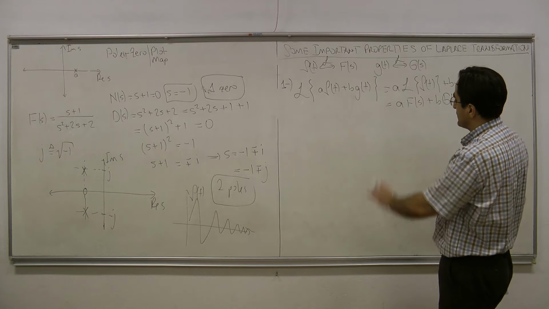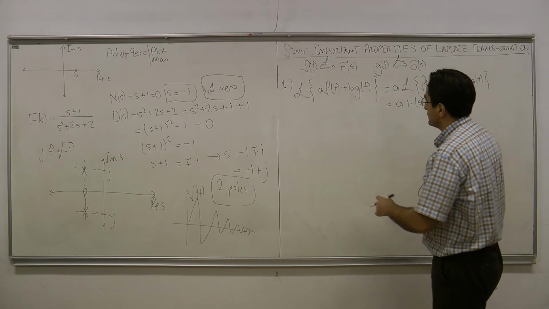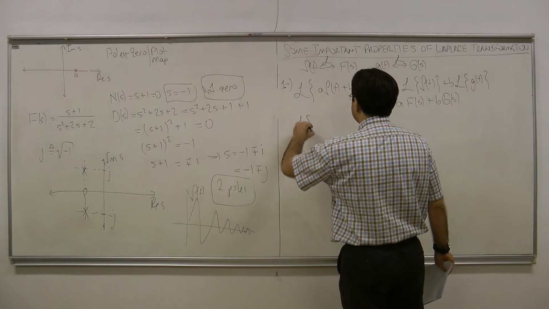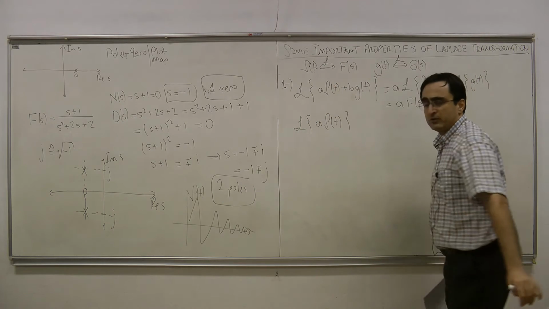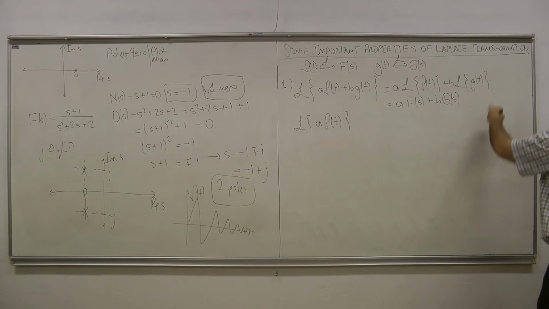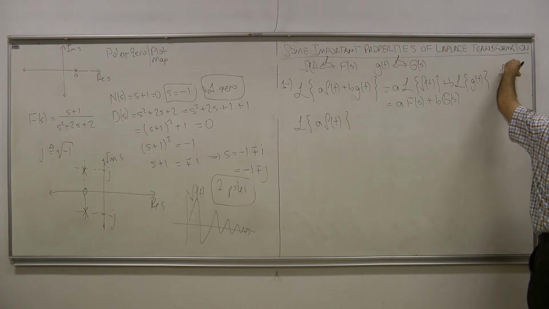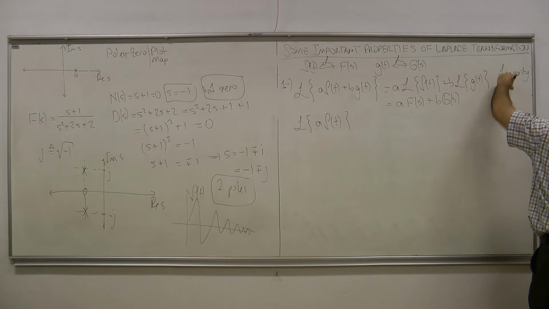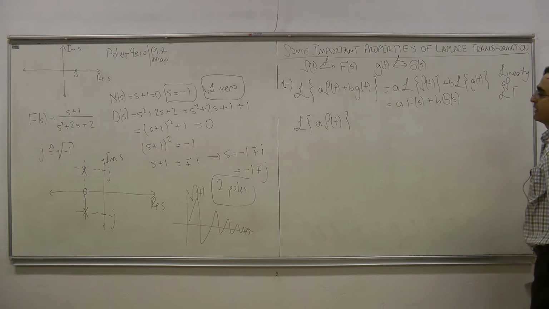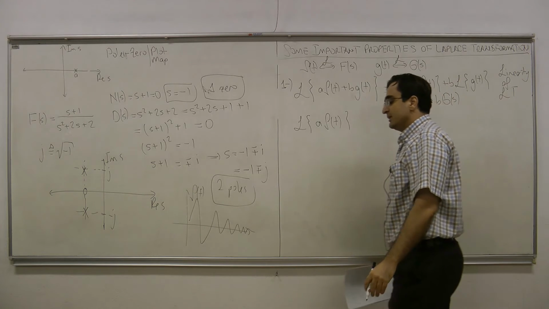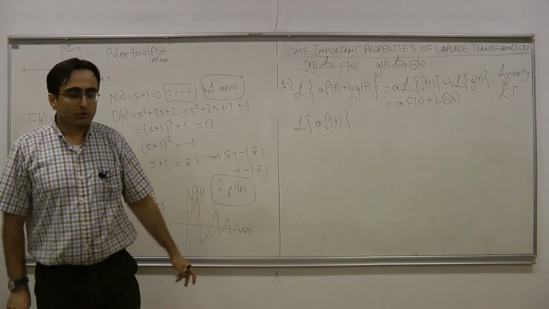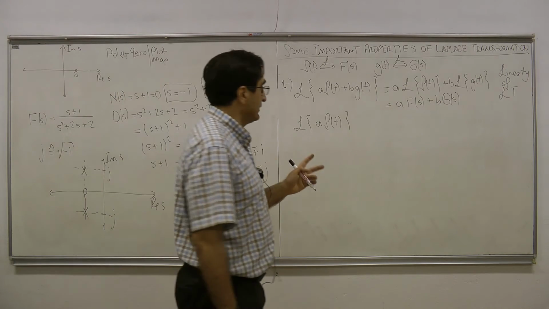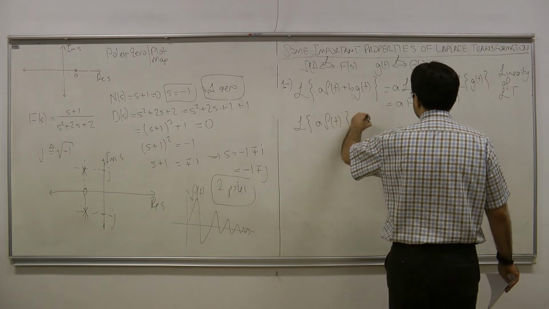This single property, I can divide it into two parts. The name of this property is linearity, the linearity of Laplace transformation. In general, linearity is composed of two parts. The first part is called homogeneity, and it is this property.